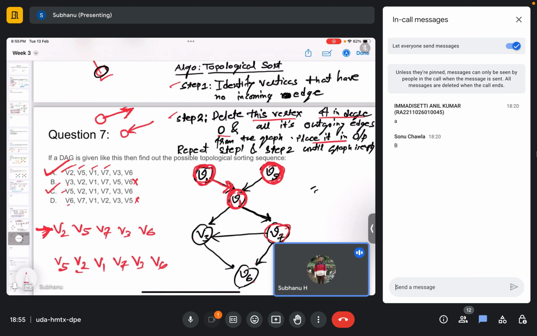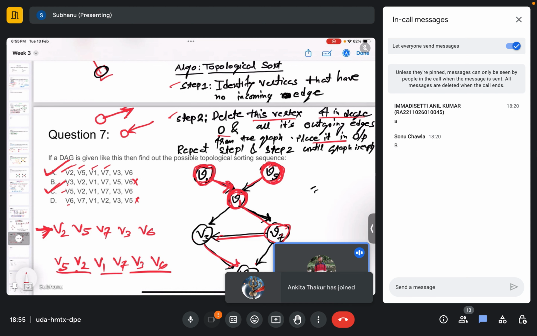Okay, so the rest are all fine. So V5, V2, V1, V7, V3, V6. So A and C are the correct options, the correct topological ordering.